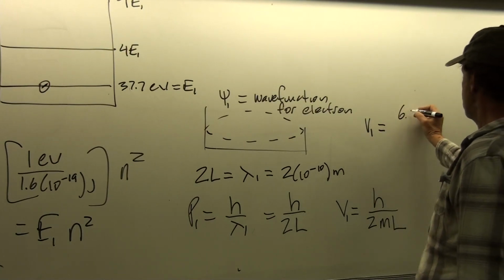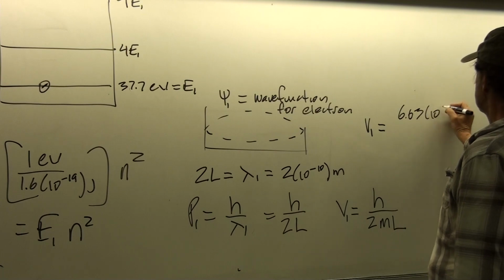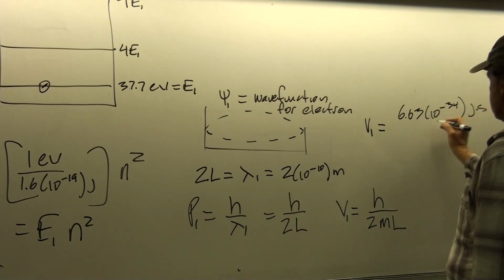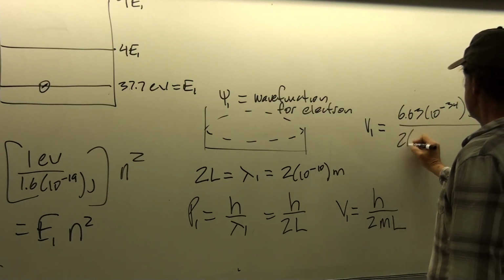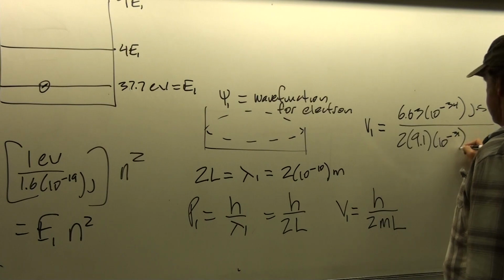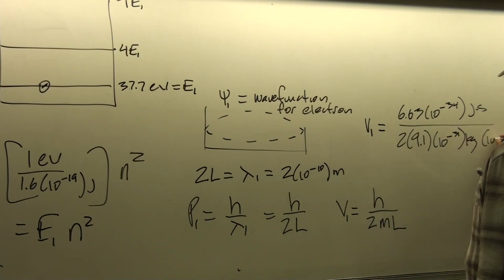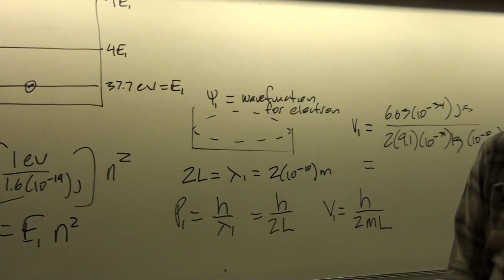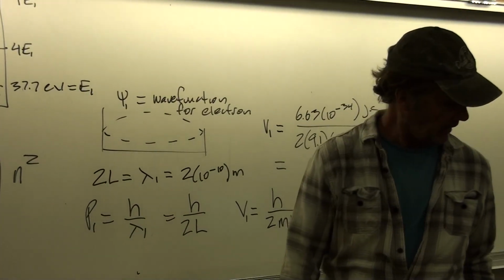V1 is 6.63 times 10 to the minus 34, divided by 2 times the mass of an electron, times 10 to the minus 10 meters. So this will give us the velocity then of the electron in this ground state.